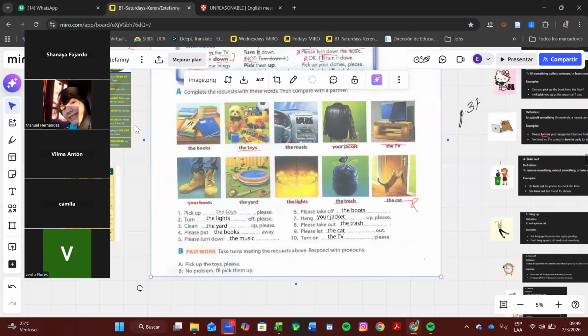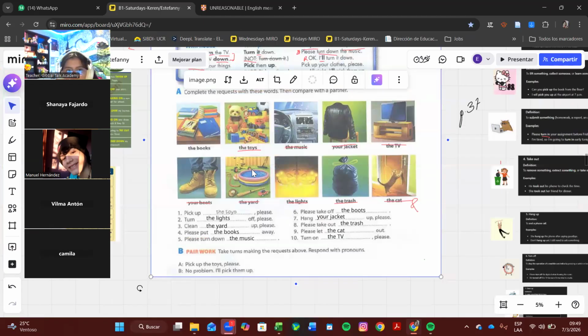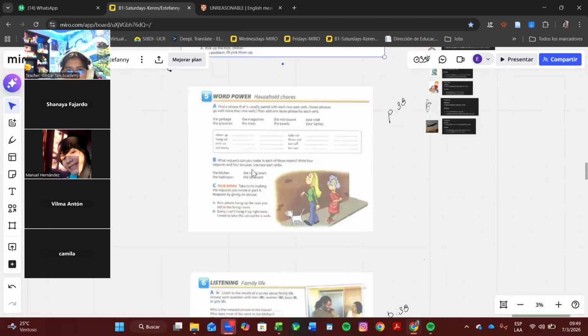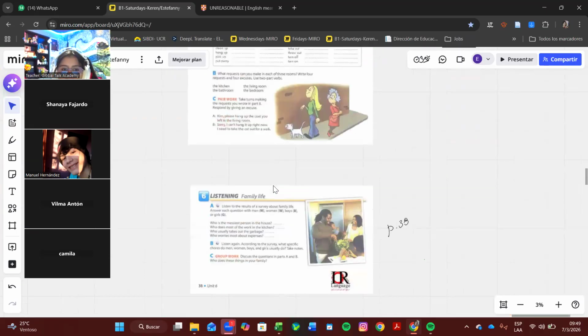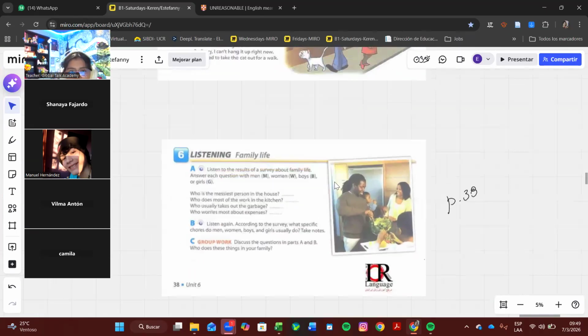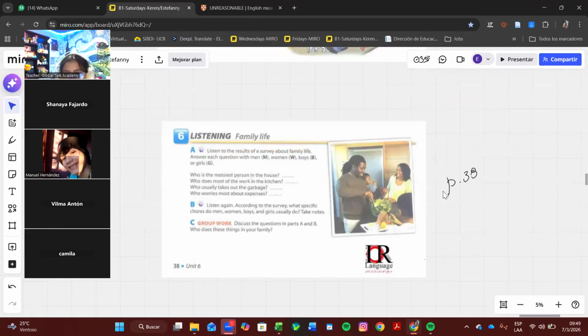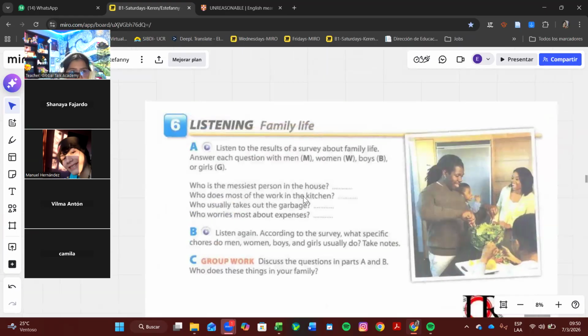Okay. So this is the way we arrange them. Now we can continue. Here we have our word power, but we are gonna continue with this listening exercise. So this is page 38, guys. We are going to listen to the results of a survey about family life. Una encuesta.